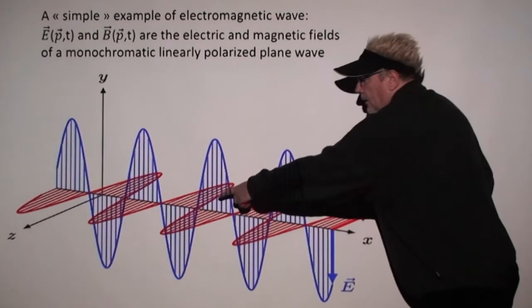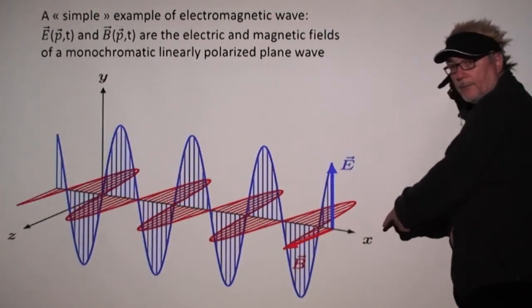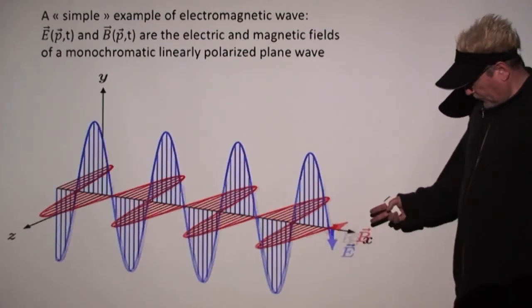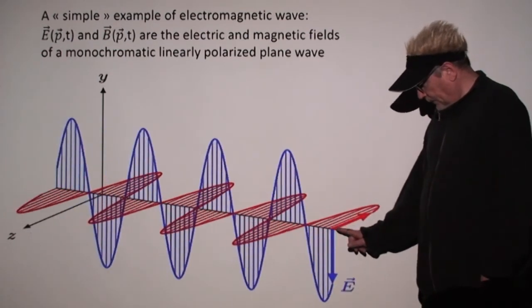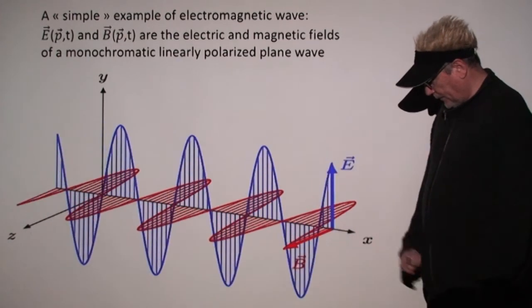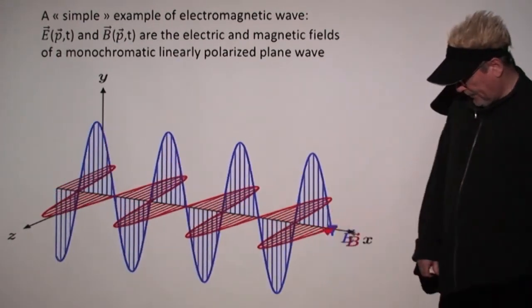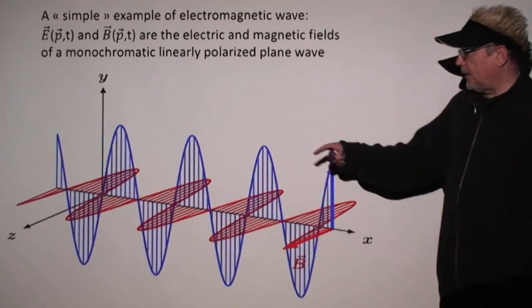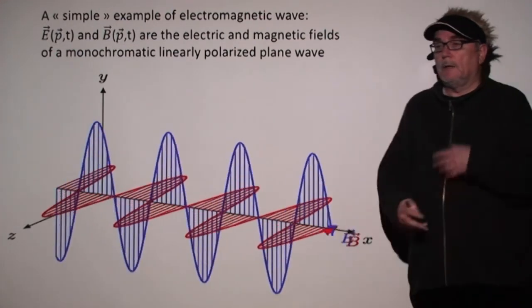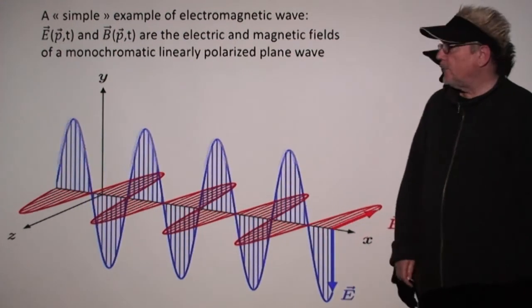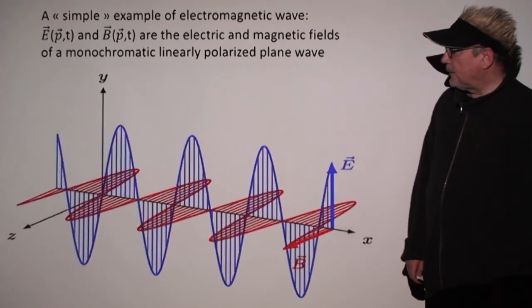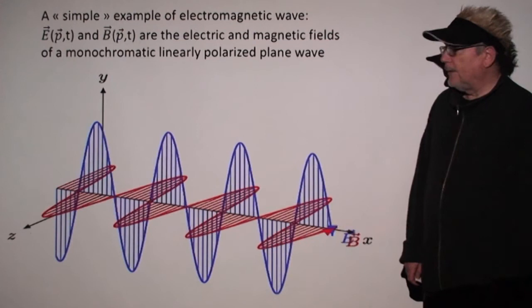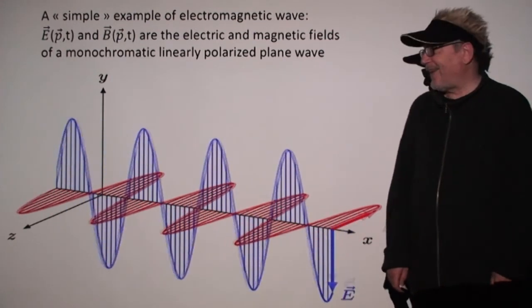Here's the direction of propagation of the light wave, with an electric field going that way and a magnetic field going that way, oscillating like this. We're going to use that to prove all the things we need to prove using the Maxwell equations.